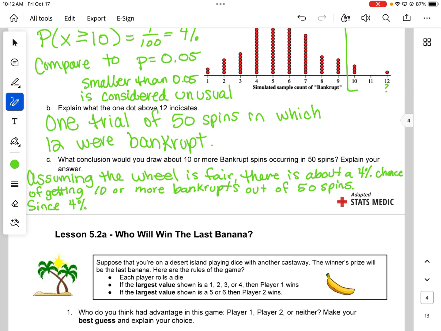Since 4% is less than 5%, this is convincing evidence that the wheel is unfair.